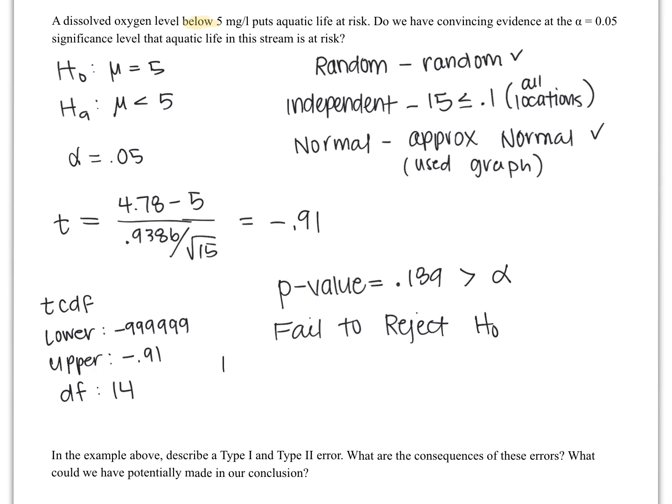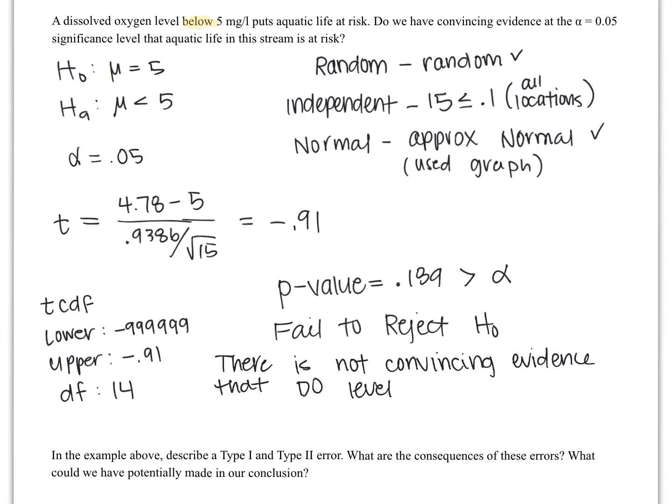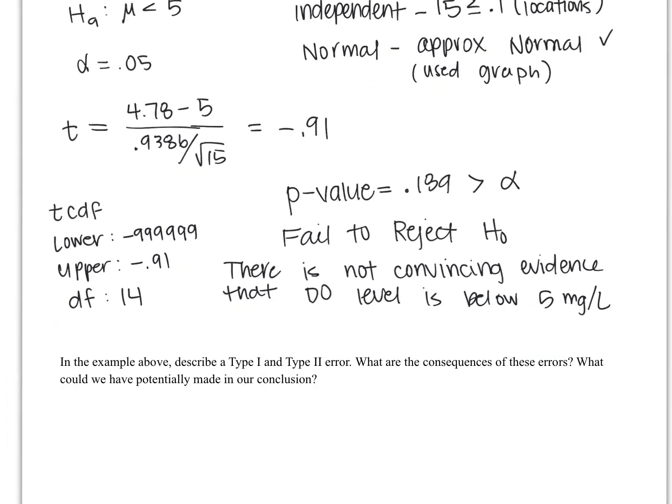So we can say there is not convincing evidence that the DO level is below 5 milligrams per liter. Which means that aquatic life is not at risk.